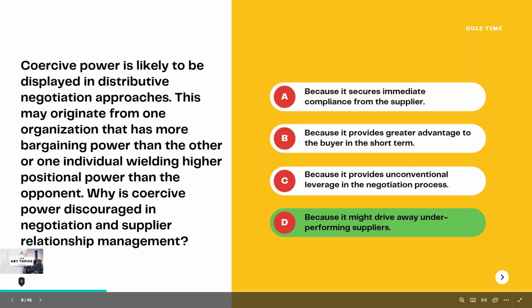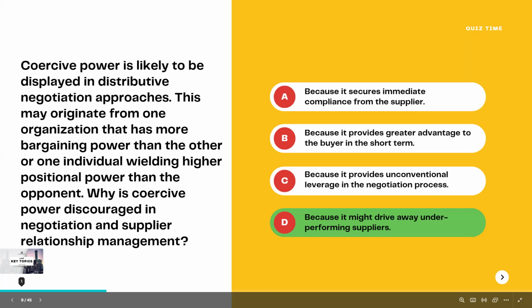And if we only use coercive power in these cases, then we may drive away potential suppliers that may develop into very competent ones, although they are just temporarily underperforming.